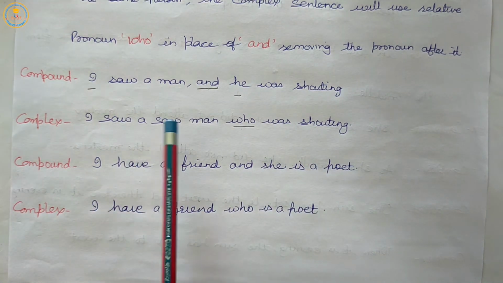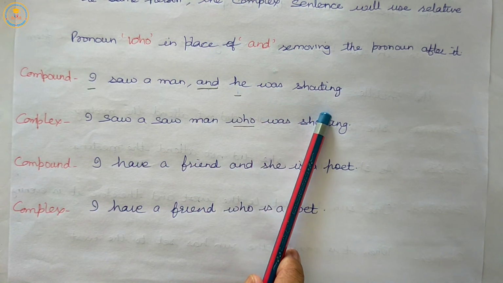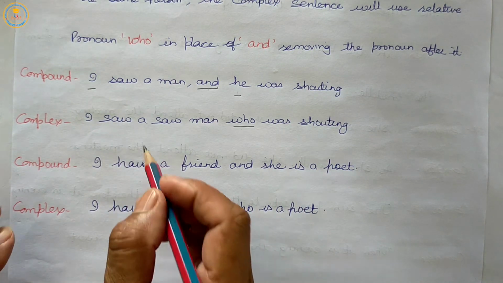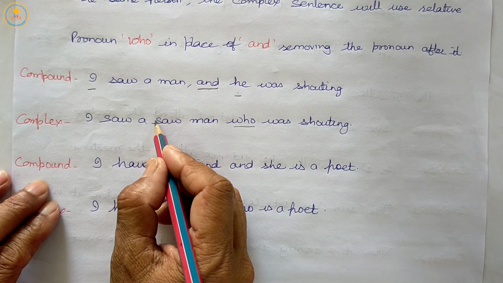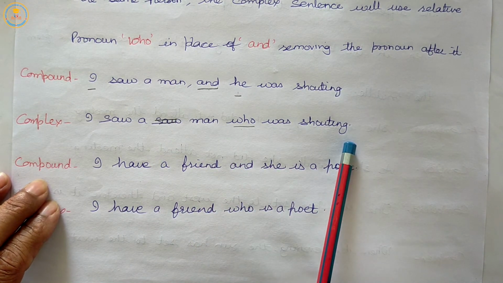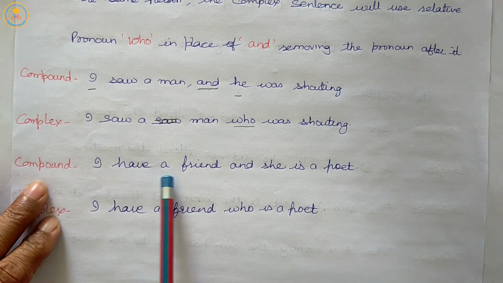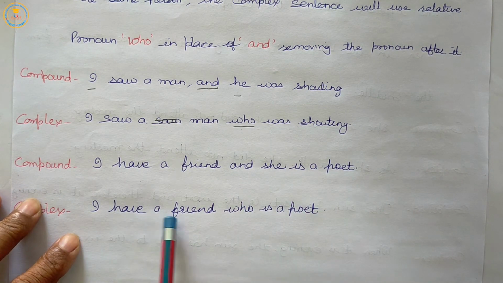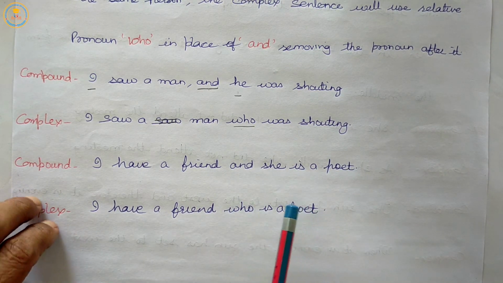So, I saw a man and he was shouting. I saw a man who was shouting. I have a friend and she is a poet. I have a friend who is a poet.